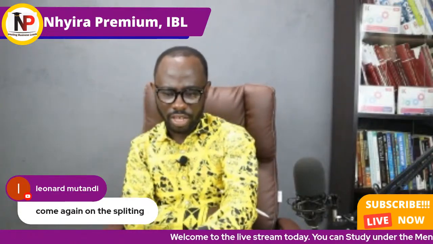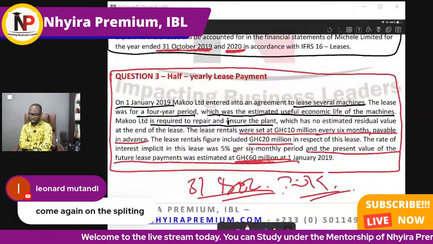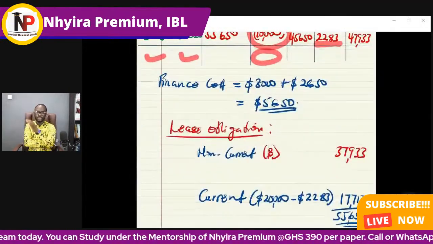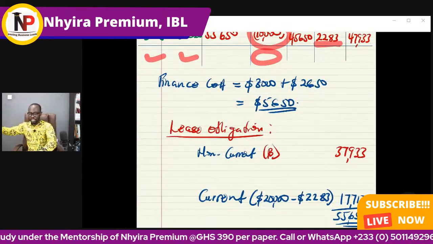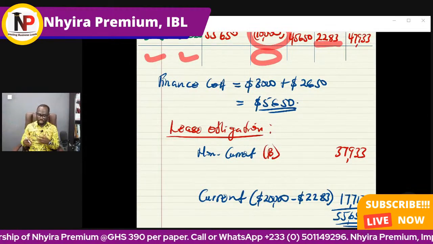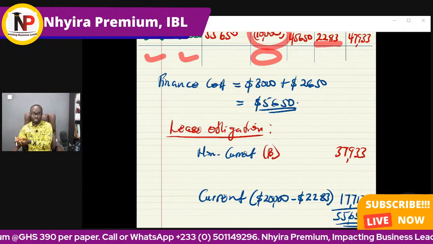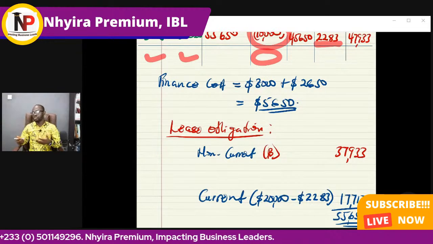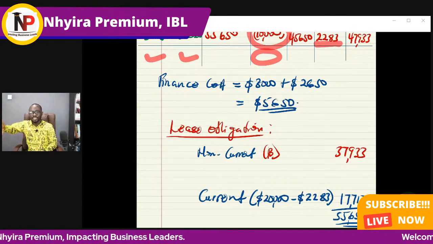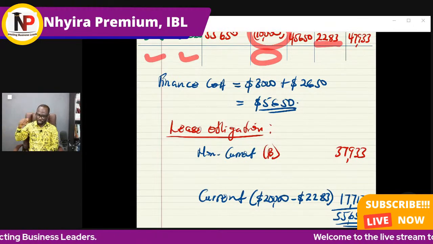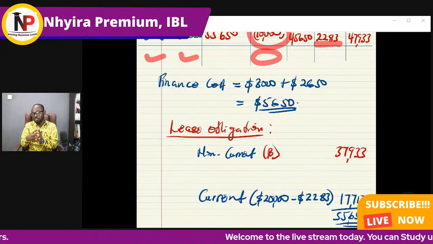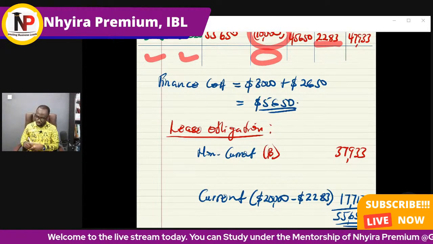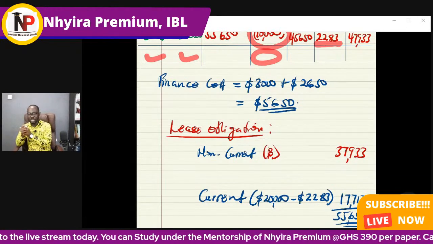Montadi said, can you come again on the split? Okay, so we said that when it comes to the split, for the next 1 year, every 6 months we're going to pay 10,000. So the next 1 year will be 20,000 lease payments. Then we will subtract the next 6 months interest from the lease payments for the 1 year. That figure is what gives us the current liability.